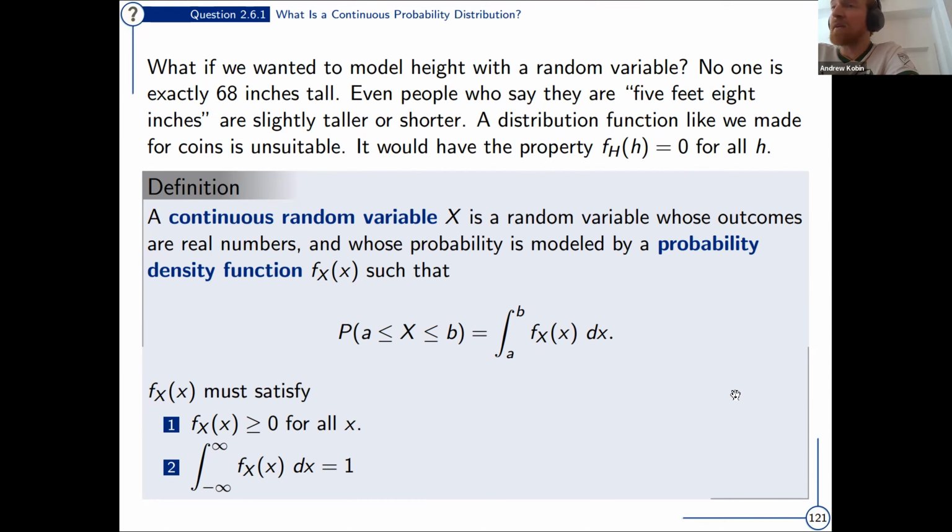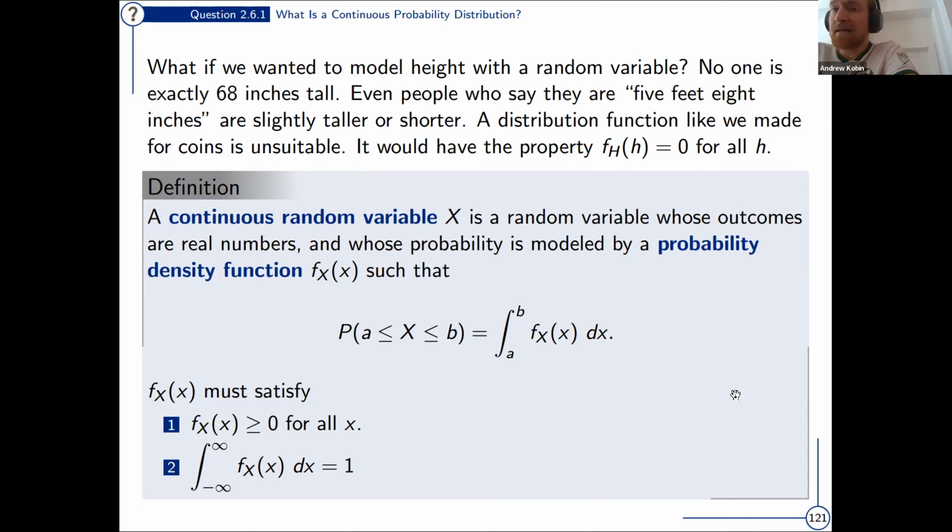So it's modeled by a probability density function, f sub capital X of x. It's a function of little x, where x can range along the real numbers, potentially over the entire real number line. And for an input little x, which is describing a possible event in our continuous random variable, f of x tells you the probability of that event occurring.